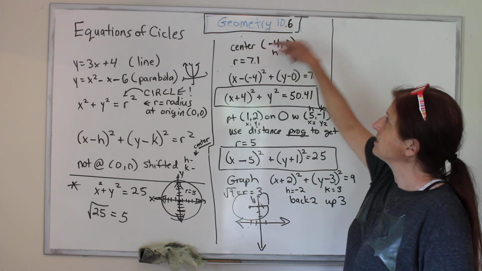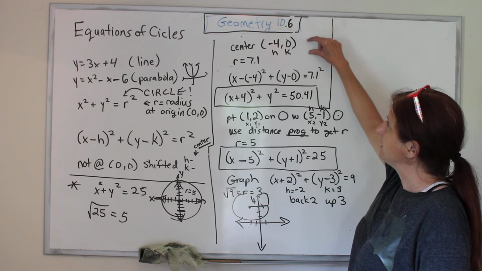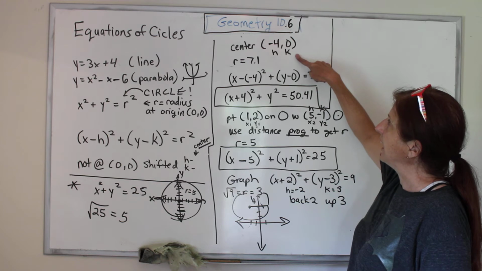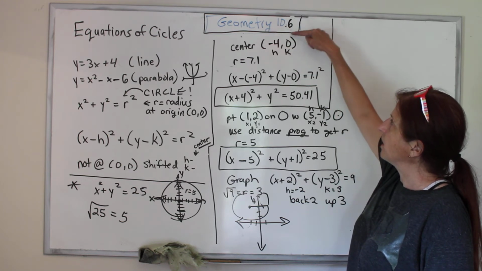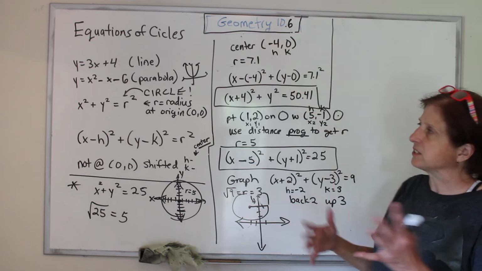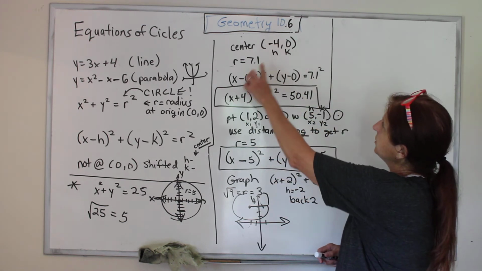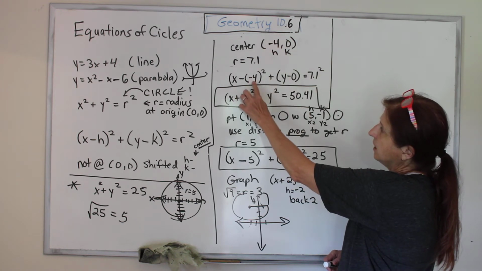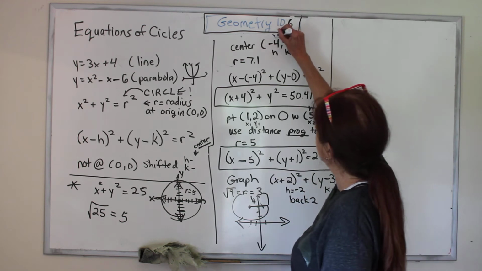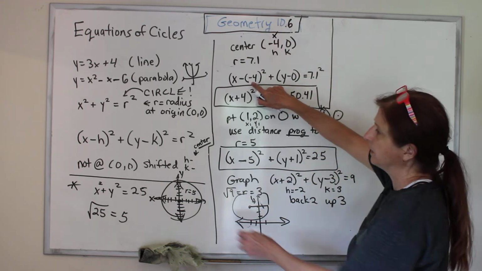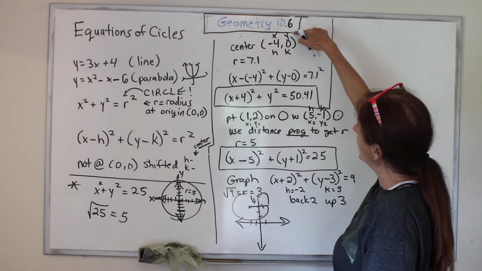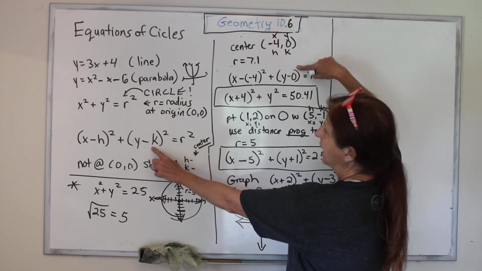All right, so here's an equation for us to do. They say that this circle's center is at -4, 0, so that's our h and k, because the x is horizontal, y is vertical. And the radius is 7.1. What's the formula? Well, we substitute in h for the new x of the center. We put that into our formula here where h is. And we put the new y center in the formula where k is.